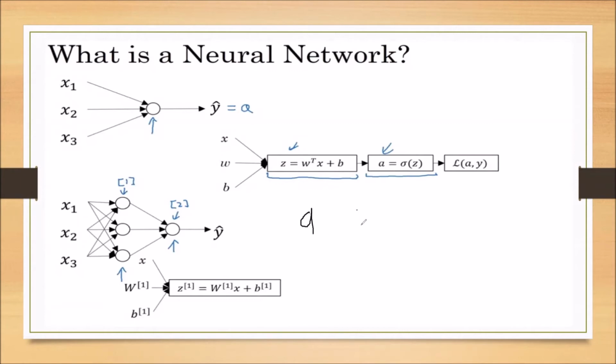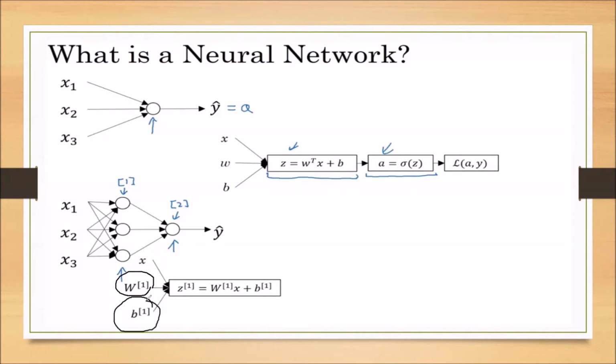The parameter matrix is represented by W, 3 by 3. We are using the superscript 1 to denote that it is the parameter matrix. It is the weight matrix which is controlling the activation units of the first layer by using the input features.